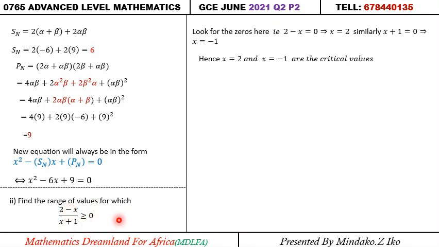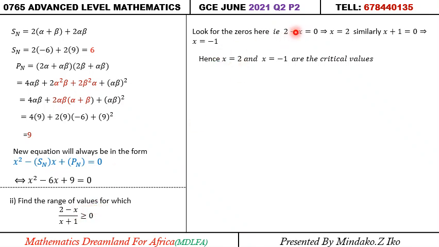This is actually wrong, because we cannot cross multiply, since we don't know if this x plus 1 is positive or negative. If the question specified that x plus 1 is always positive, you could conveniently cross multiply, because this wouldn't change the inequality sign. But now we don't know if x plus 1 is positive or negative. That is why you cannot just cross multiply like that. It is better for you to look for the zeros.